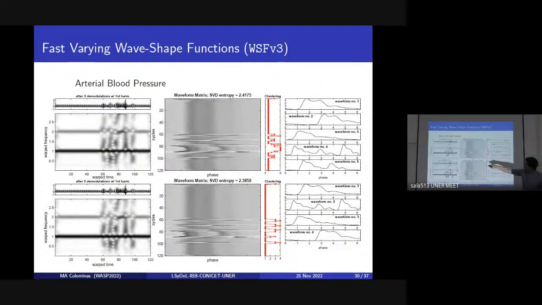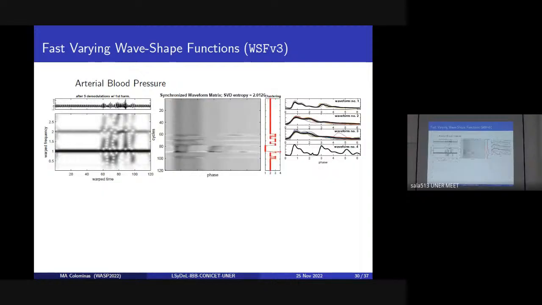And now the fundamental component is more constant than before, and after 5 demodulations, it's like that. Okay, 2.4, 2.38. Now the difference is not as big as before, so you can use a threshold on the difference between 2 consecutive SVD entropies as your stopping criterion. And you can see here, after 5 demodulations, you get something like this.